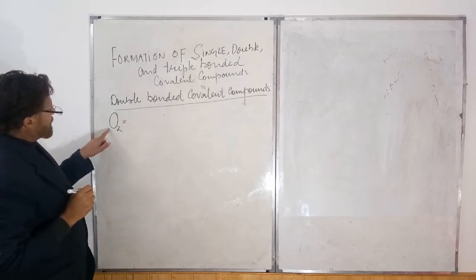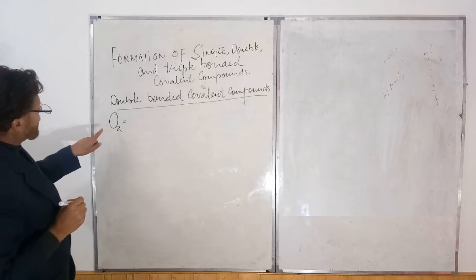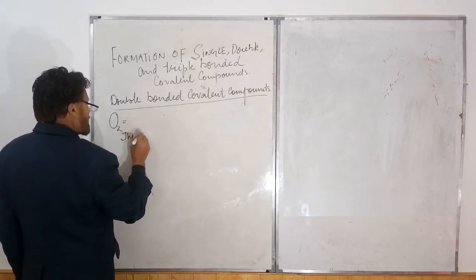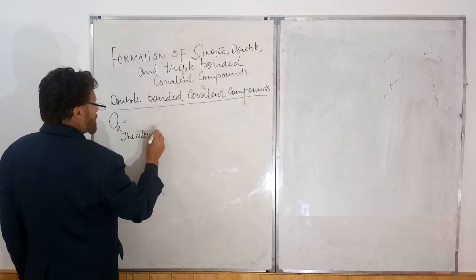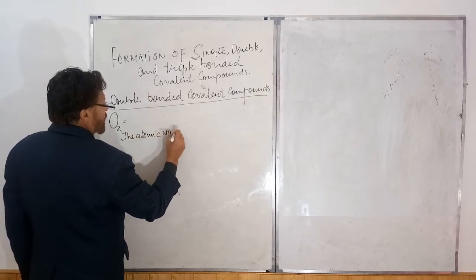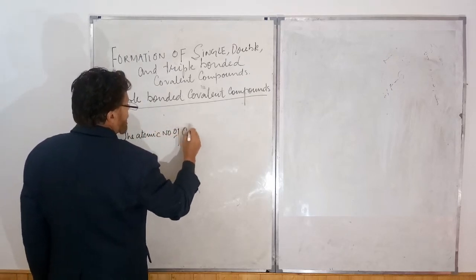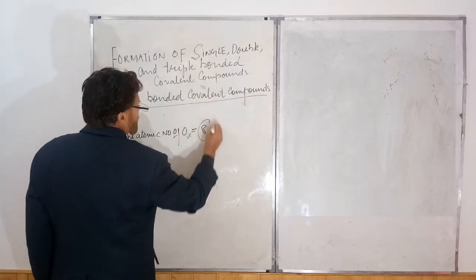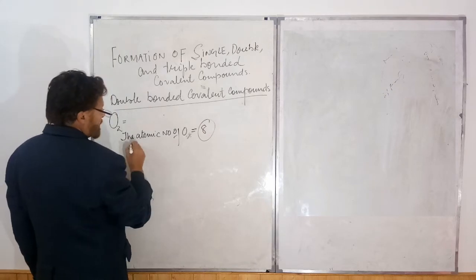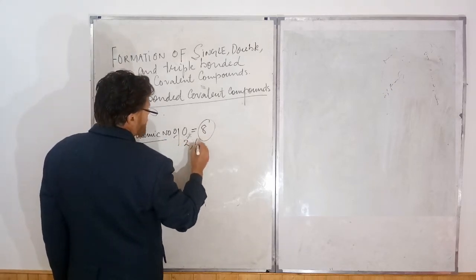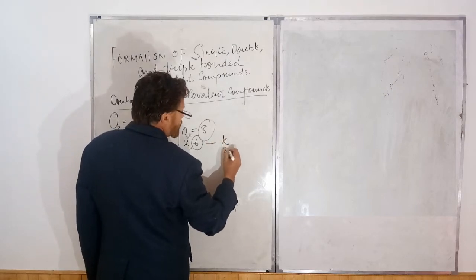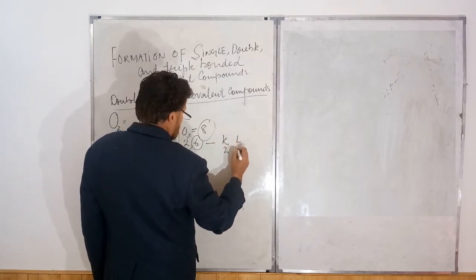According to the electronic valency theory, the atomic number of oxygen is 8. Electronic configuration is 2 and 6. That means the K shell consists of 2, while the L shell consists of 6.